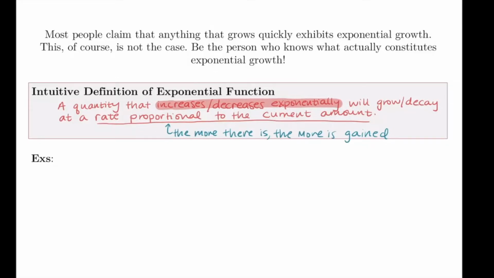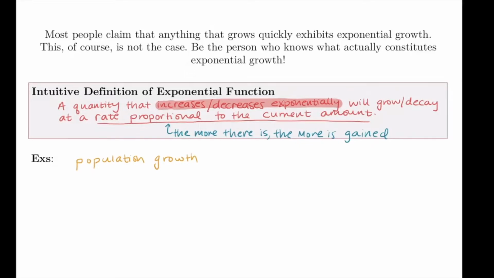So some typical examples of exponential growth or decay, there are several, but the very typical ones that we see a lot are, for one, population growth. Now, population growth is actually more accurately modeled by something called logistic growth, which we will talk about a little later on.